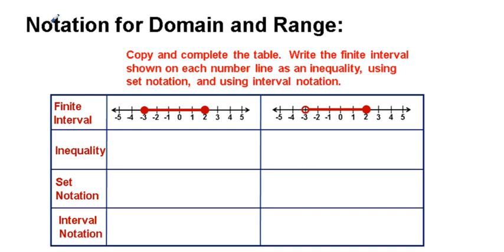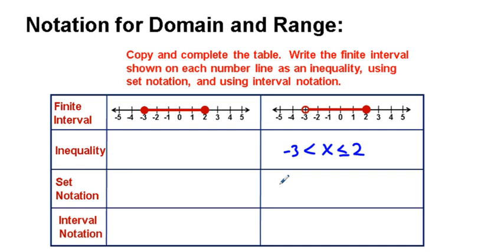Let's see. Here we have, I think this one is the same one we had earlier, but on the right we have a different one. So you see the distinction here? Instead of having greater than or equal to -3, we have greater than. So in inequality notation, x in this case is greater than -3, but less than or equal to 2.